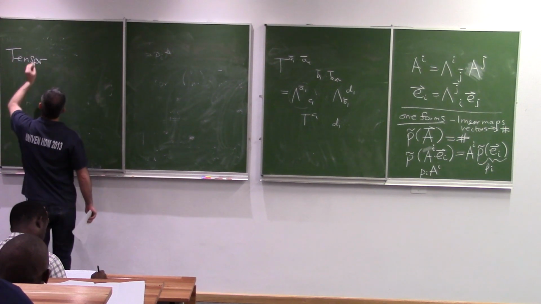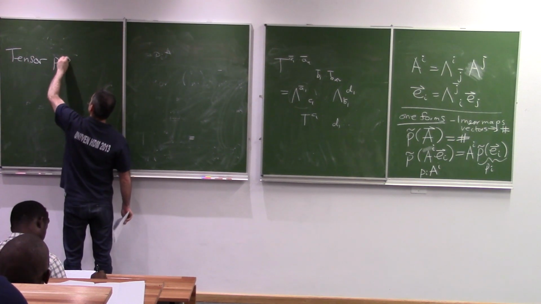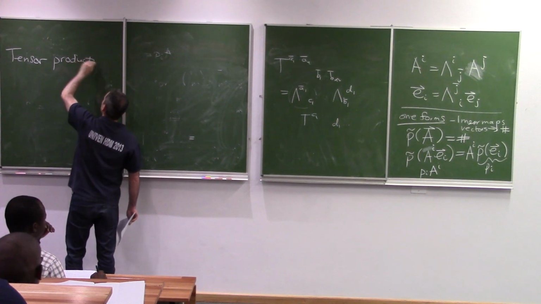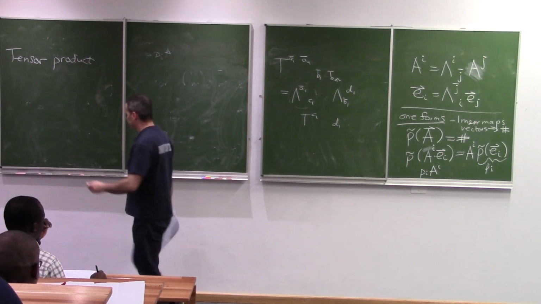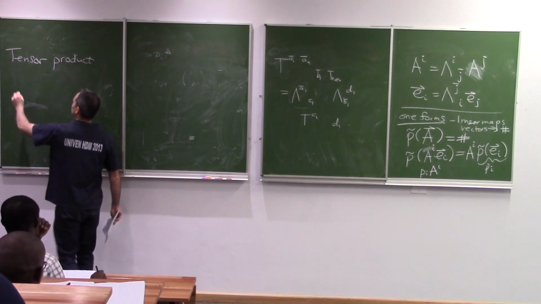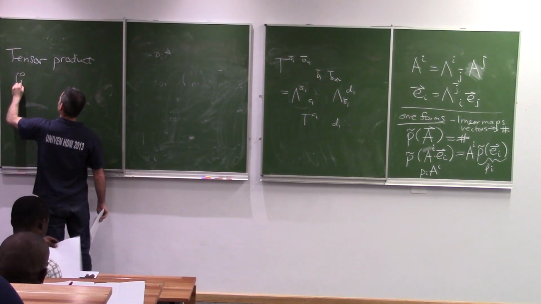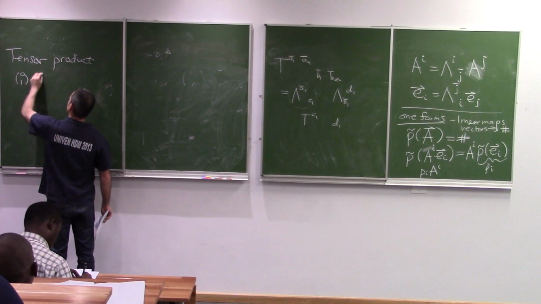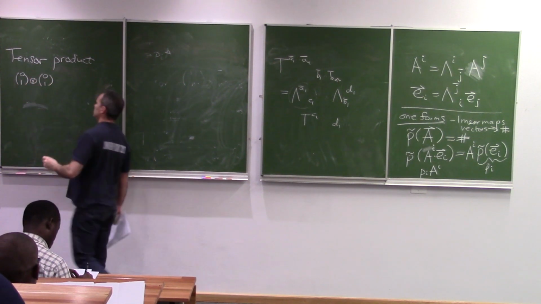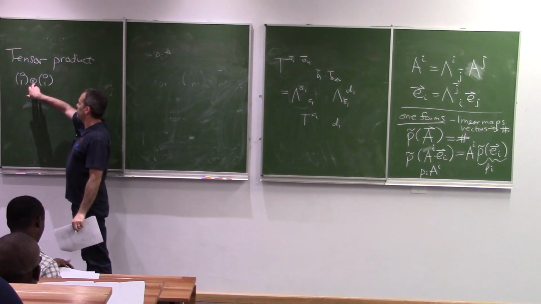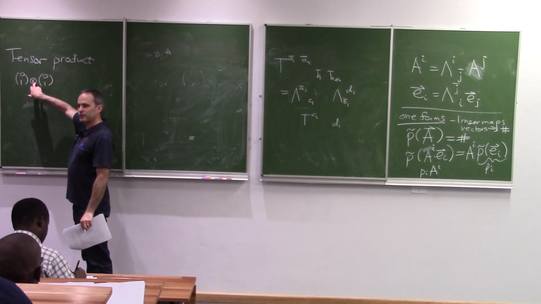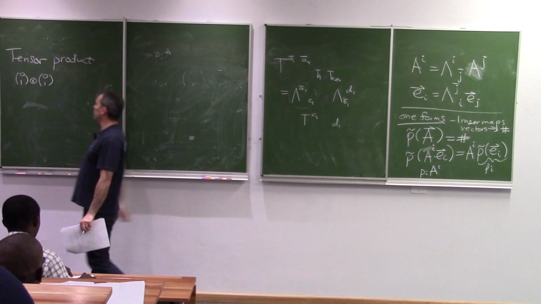So there's a way of multiplying tensors, which is unimaginatively called the tensor product. So I'm going to show you the definition, in which I take two one forms. So I'm going to multiply two one forms, and people put a circle around it to show that we're not talking about the normal product, to differentiate from it.